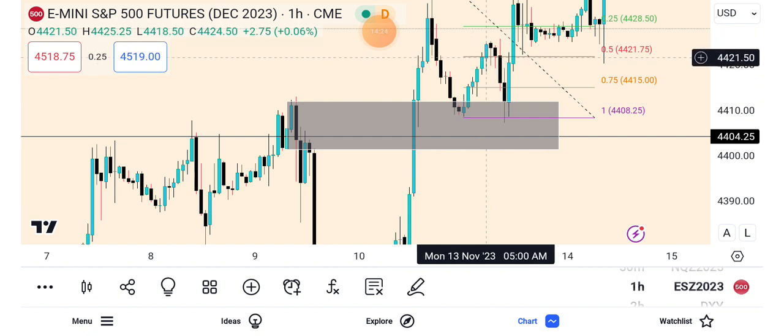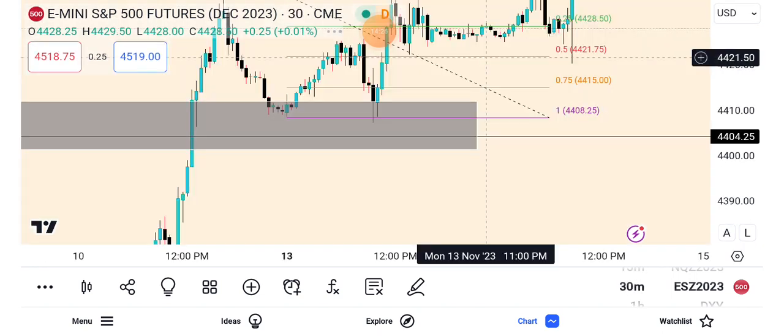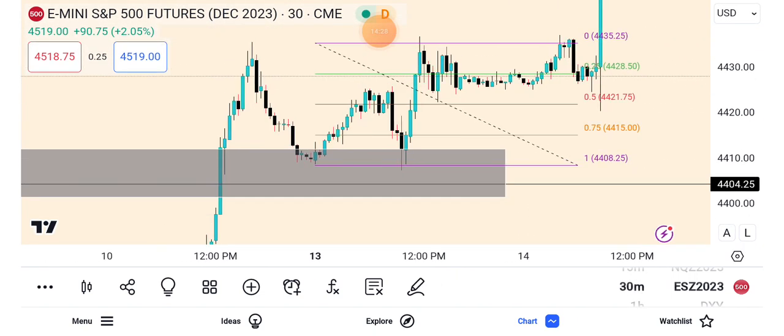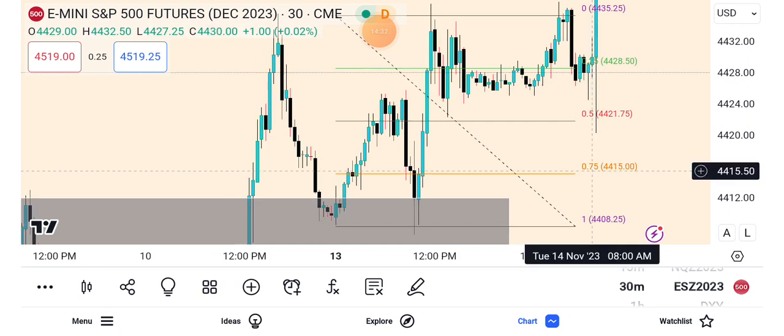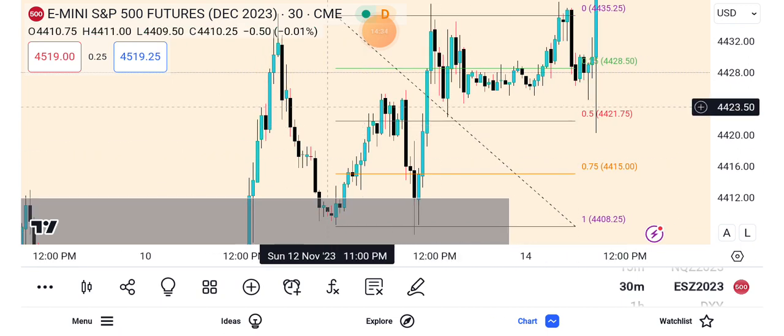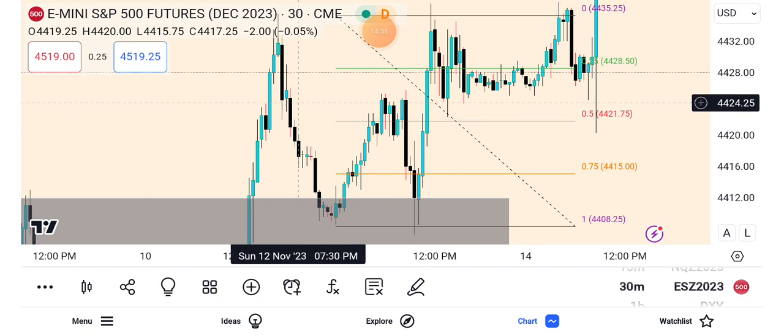On the 30 minutes chart we had this fair value gap with an order block there. Price acted well on that order block.